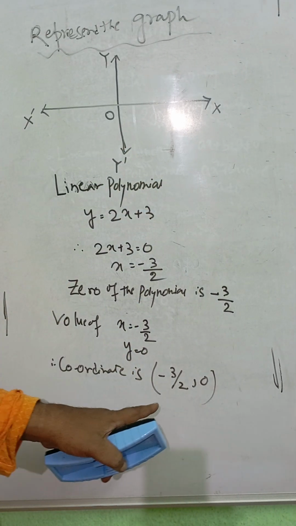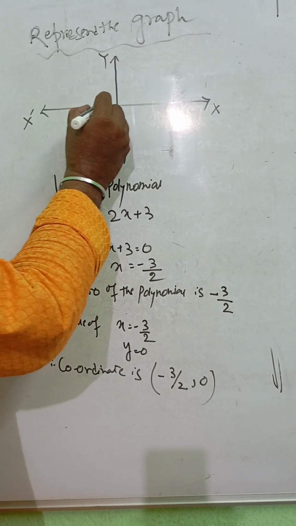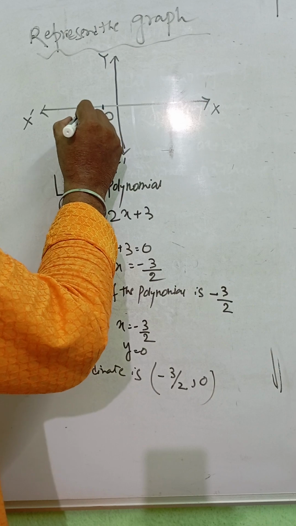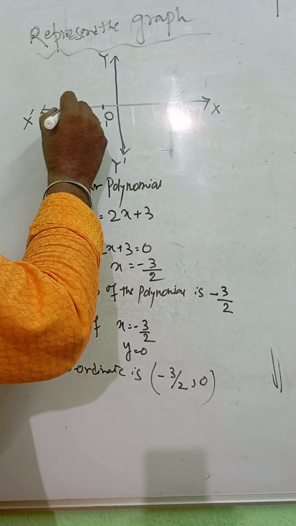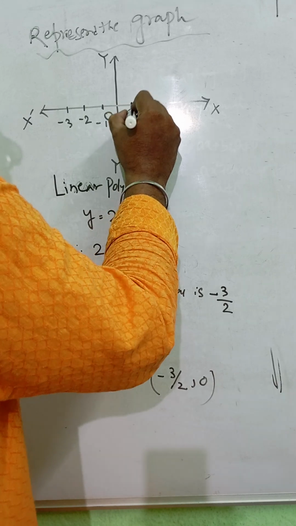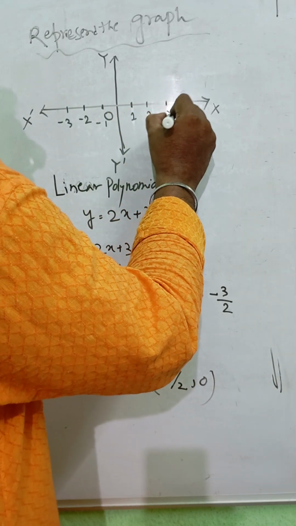Now this is minus 1, minus 2, minus 3, and this is 1, 2, 3.